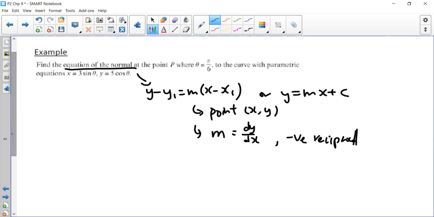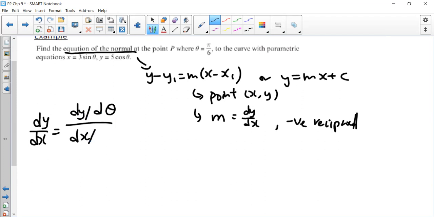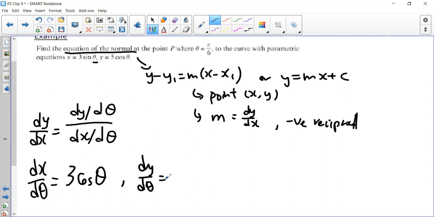Let's work out the gradient first, the dy by dx. Because this is parametric, we need dy by d theta over dx by d theta. It's not dt because theta is the parameter here. dx by d theta: differentiate 3 sine theta, differentiating sine becomes cos, so 3 cos theta. dy by d theta: differentiate 5 cos theta is negative 5 sine theta.